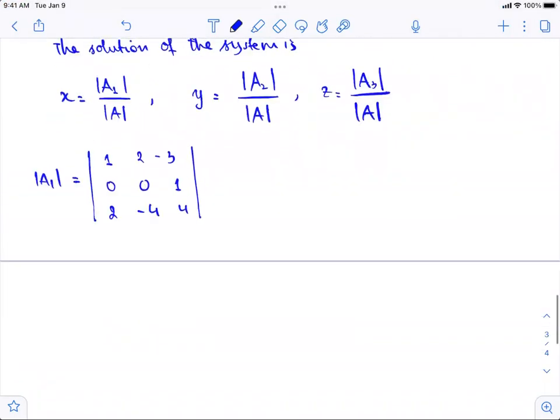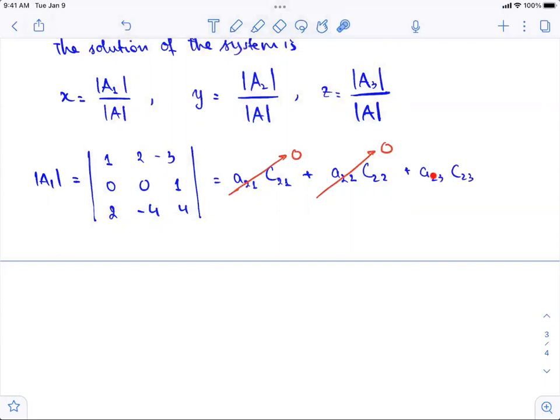So use the formula. I'm going to use the second row. So A21 times C21 plus A22 times C22 plus A23 times C23. Given that this term is going to be equal to 0, and this is also 0, because A21 is 0, A22 is 0 as well.